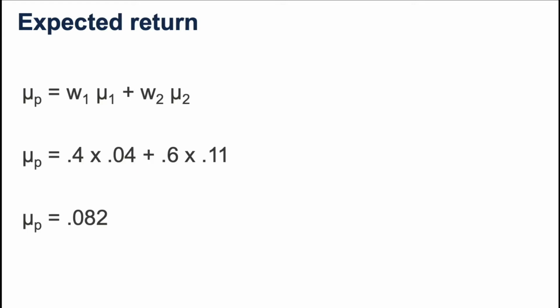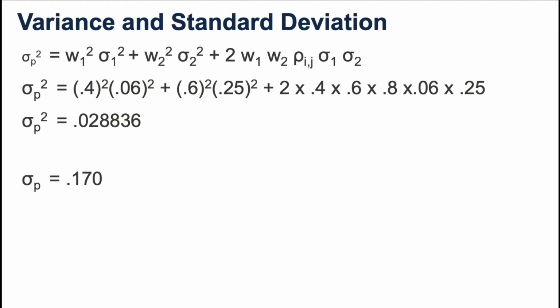Given that our expected return, again, is a weighted average of the two returns, asset 1 and asset 2, 40% of the weight on asset 1, 60% on asset 2, we come up to an 8.2% return. Variance, you see the formula there. We square the weights in the first two terms.